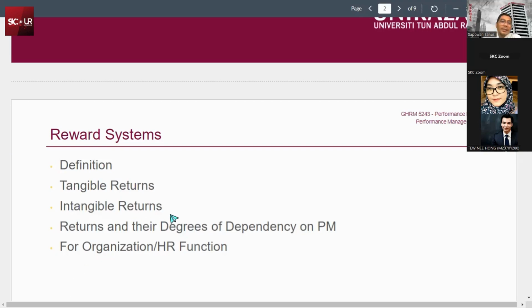Okay. In the reward system, we have tangible reward and intangible reward. We could compare within the reward to know the degree of dependency on performance management, meaning that from tangible reward and intangible reward, which one gives more importance to creating good performance management.